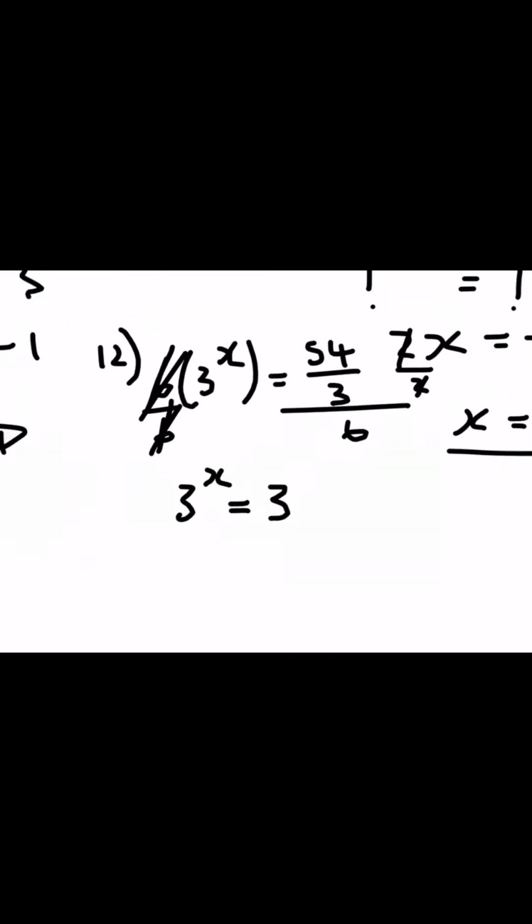So that means you are having 3 to the exponent of x, which is being equated to 3, obviously to the invisible 1 over there. So that you end up having the bases being the same and they fall away. Then you've got your x value being equal to 1, and that should be the end of it.